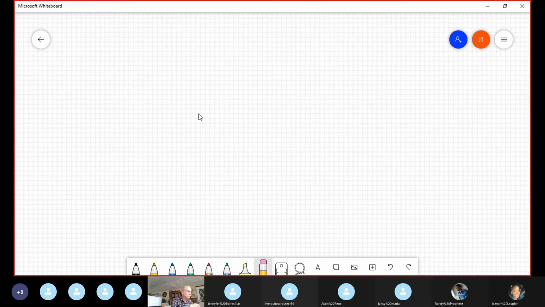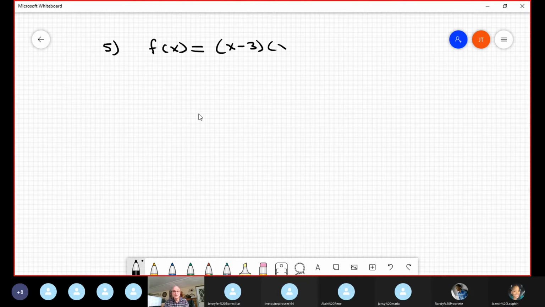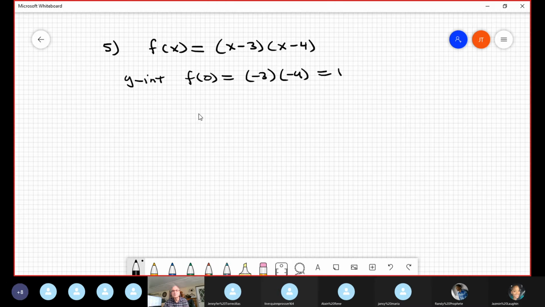Number 5 is super easy. Okay, we have a polynomial, and this polynomial contains only 2 factors. Let's find the y-intercept and x-intercepts. Let's evaluate the function at 0, and we have minus 3 times minus 4, which is positive 12. So the point is 0, 12. It is the y-intercept.